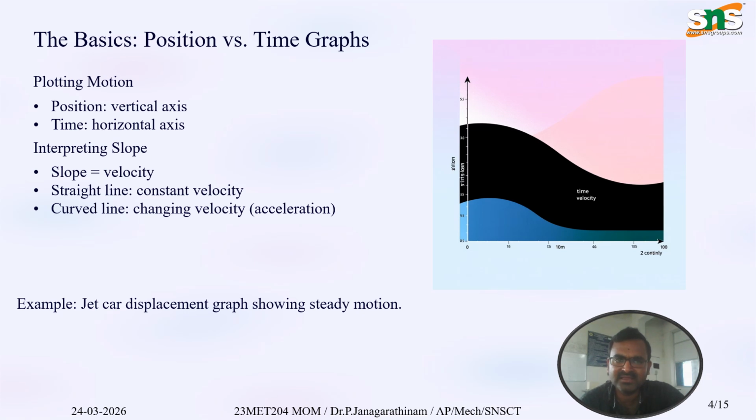Interpreting the slope: a straight line shows constant velocity, with no variation in velocity, the slope means velocity, and a curved line denotes acceleration. For example, we take the jet car displacement graph showing steady motion.